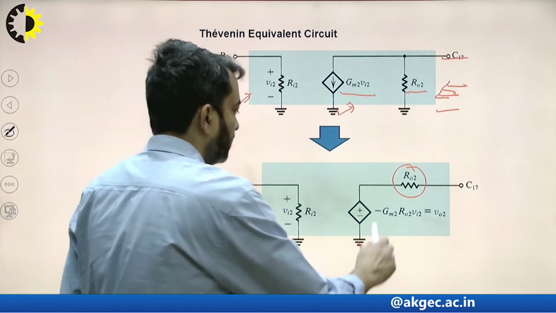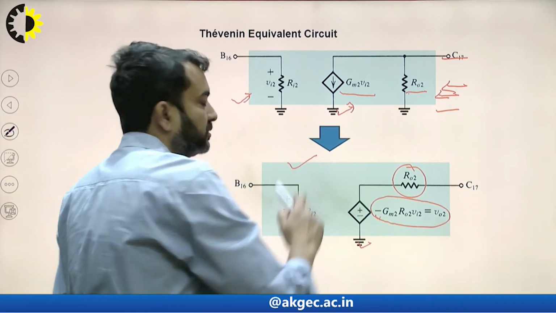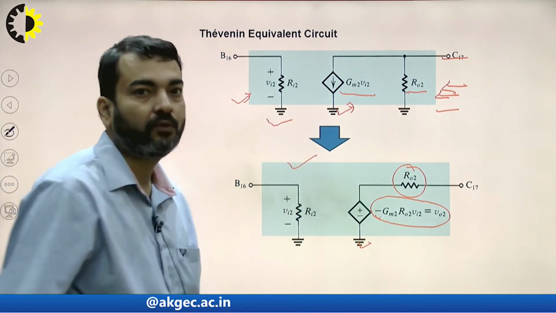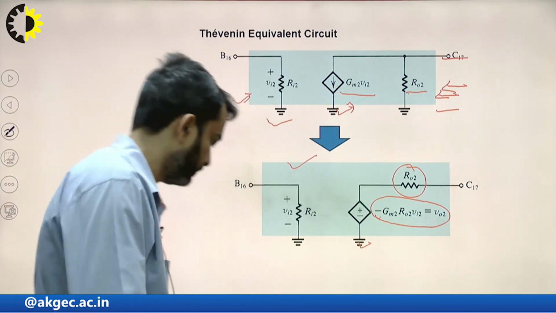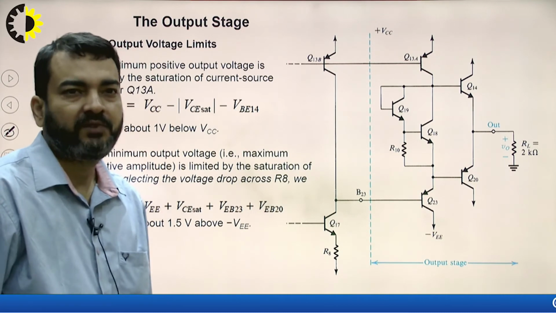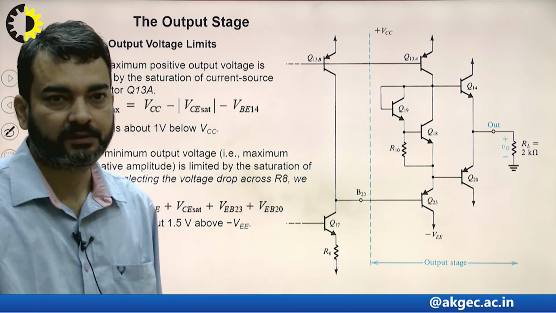So this is the voltage source. So we will be using this Thevenin equivalent of this model in the overall gain calculation. Then we have seen what the highest positive and negative swing is.